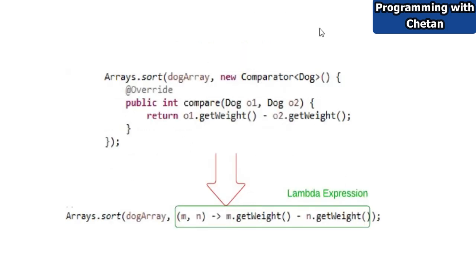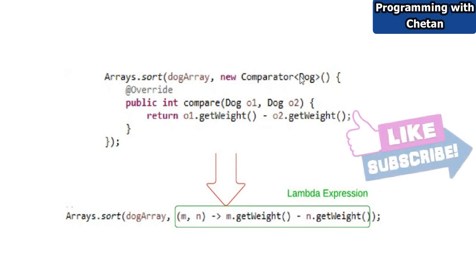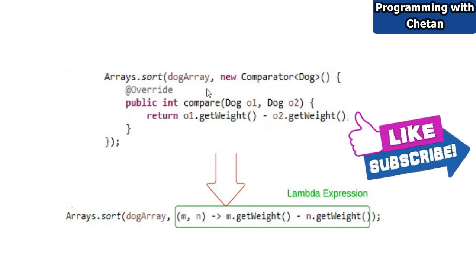Now let us discuss one example or use case of lambda expression to understand its significance in the Java programming language. We have already discussed that Comparator is one type of functional interface, and it consists of one abstract method, that is the compare method, and it accepts two input arguments.